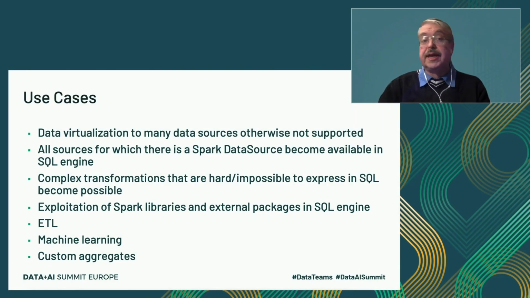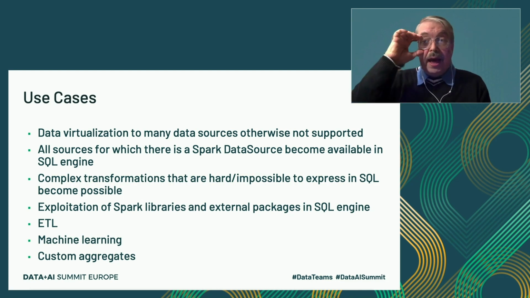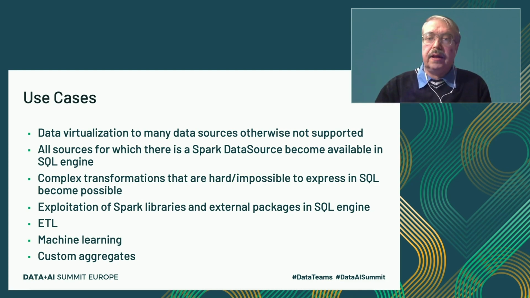Now, what are use cases for that? I told you that there are a lot of data virtualization capabilities in BigSQL. But of course, there are data sources which are not yet available for BigSQL, and you can implement them as polymorphic table functions. Sometimes it's very simple to do that because in Spark SQL, there is already a data source available for that.